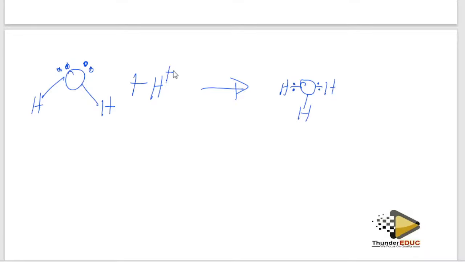But the electrons for this bond are going to come from the oxygen; the added hydrogen has not brought anything. The oxygen has given out one electron to this hydrogen so that it forms a bond, and it has remained with this electron.